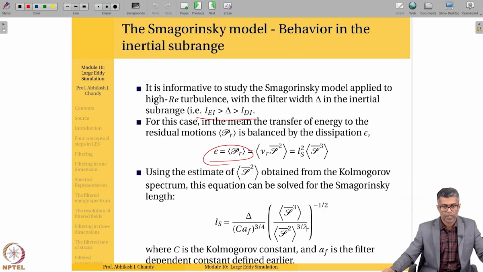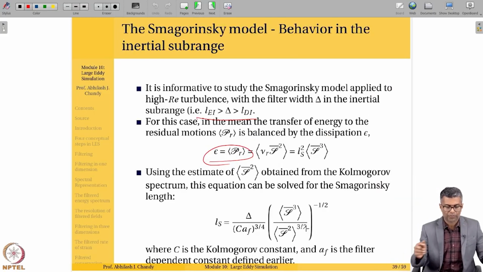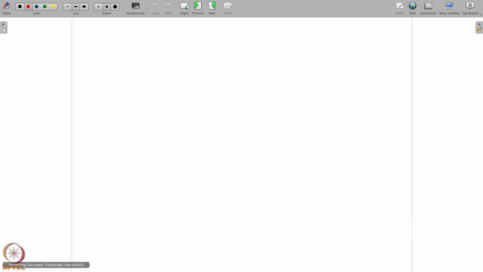We were here, and I will have to derive this out. So what I do is, I know that S bar squared is C A_F epsilon to the 2/3 delta to the minus 4/3, isn't it?